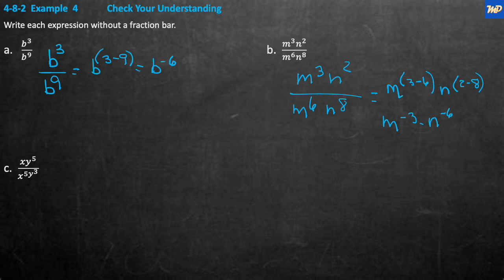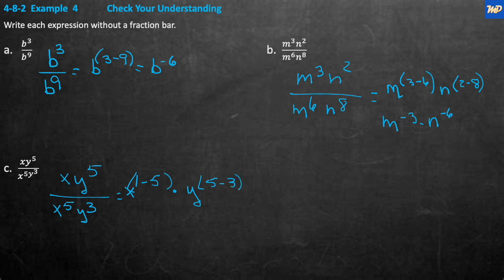Let's do this one. We have x times y to the 5th power divided by x to the 5th power y cubed. Same as before, that is equal to x, bringing the x's together, x to the 1 minus 5. That's that exponent, because x here is x to the 1, and it's times y to the 5 minus 3.